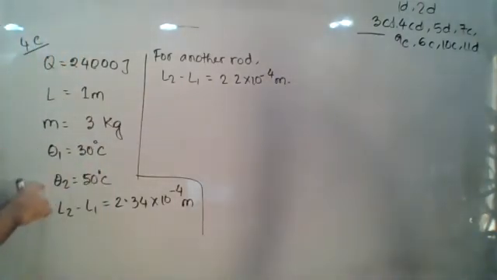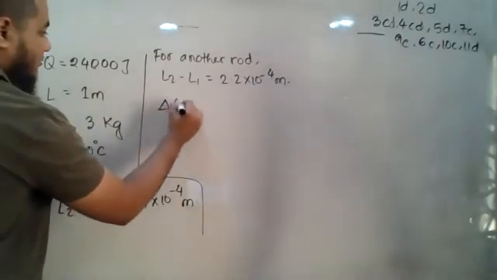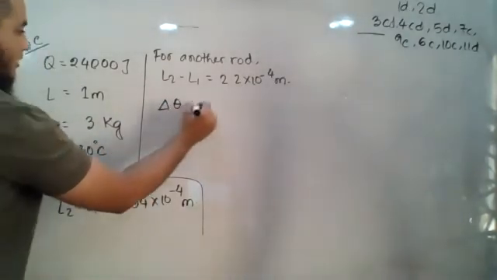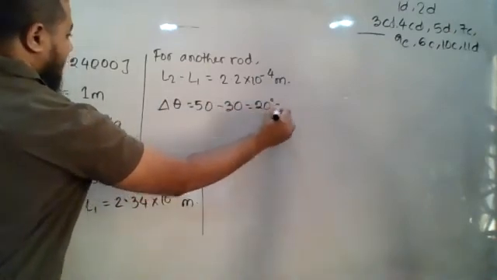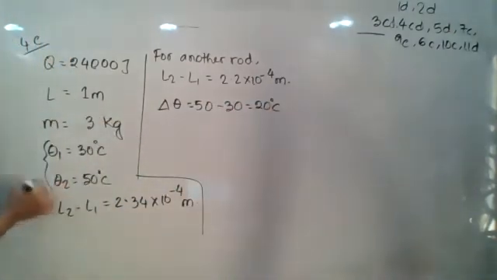That means the change of temperature is the same here also. 50 minus 30 is equal to 20 degrees Celsius. If you calculate delta theta from here, you will also get 20 degrees Celsius, right?